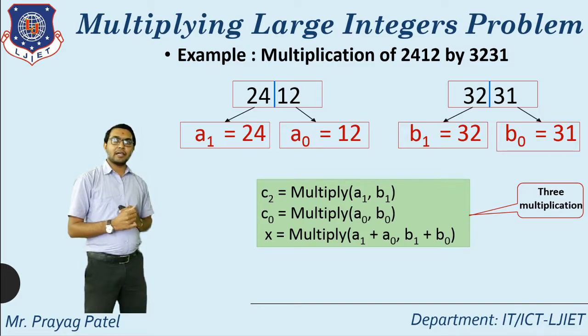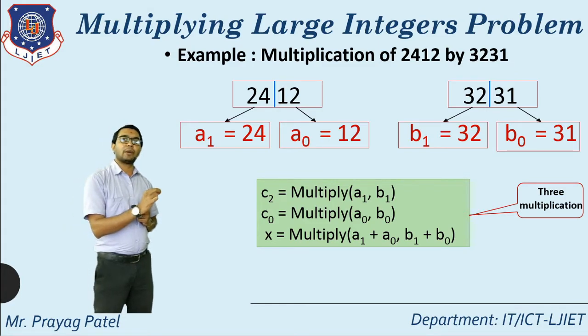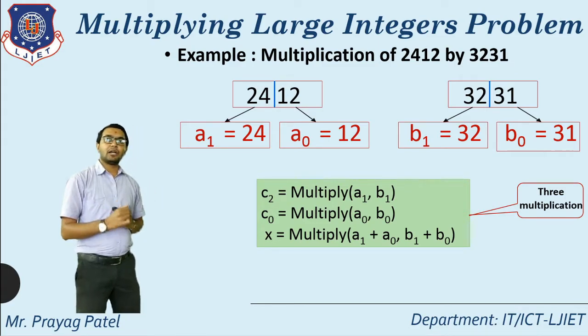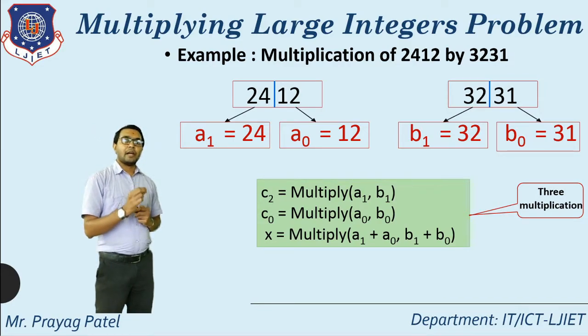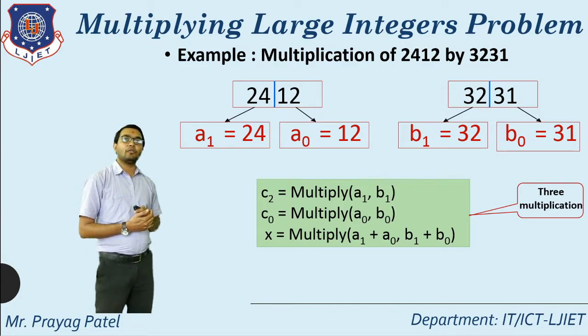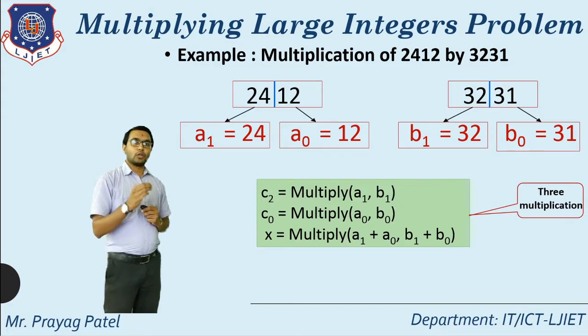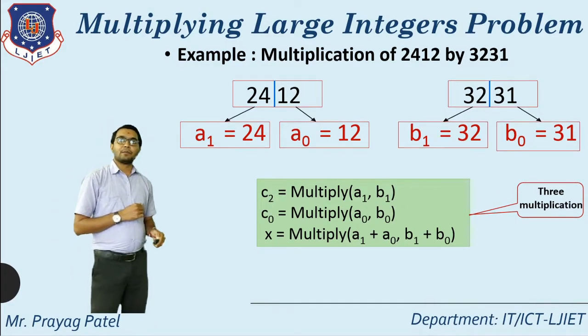The second multiplication is A0 multiply with B0, meaning C0 equals A0 multiply with B0. And the third multiplication is X equal to A1 plus A0 multiplied by B1 plus B0, meaning in the C1 equation we multiply the two numbers A1 plus A0 with B1 plus B0. So in total there are 3 multiplications in the large integer multiplication problem.